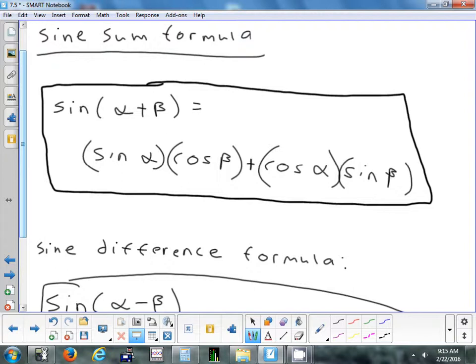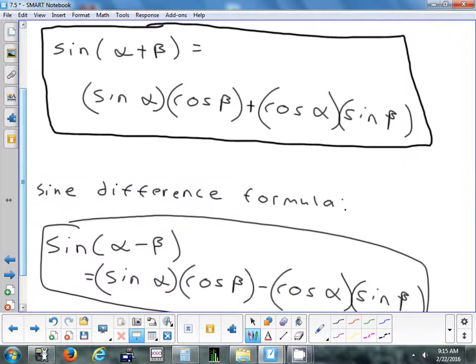Okay, what is nice with the sine formula, if you're doing a sum, you use a plus sign. If you're doing a difference, you use the minus sign. Okay, so that part kind of matches up, unlike the cosine formulas.